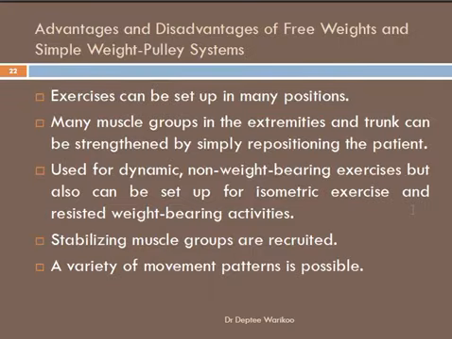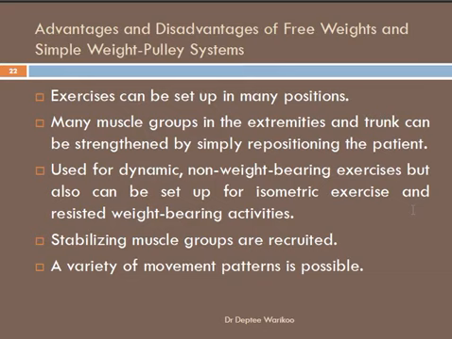And what are the advantages of these free weights and simple weight pulley systems? Exercises can be set up in many positions. Many muscle groups in the extremities and trunk can be strengthened by simply repositioning the patient. These are used for dynamic non-weight bearing exercises, but also can be set up for isometric exercises and resisted weight bearing activities.